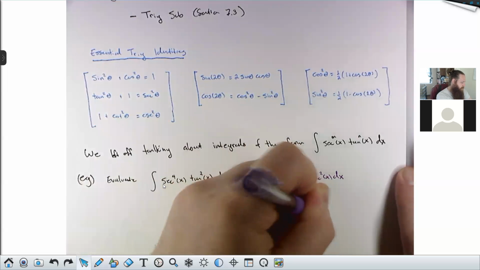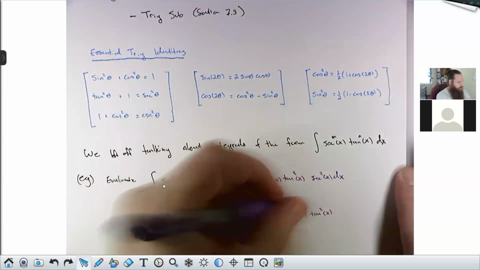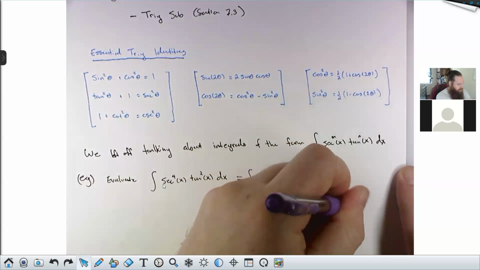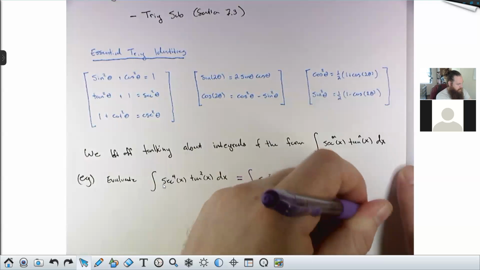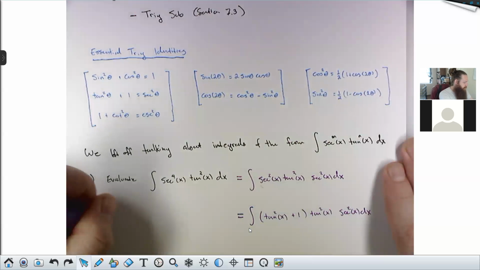I'm going to have my tan squared x here, and then secant squared x dx. Rewriting the integral in this way makes it very easy to see what to do. I've got everything here involving just the tangent function, and over here, I've got secant squared x dx, which is exactly what you need to substitute u equals tan x.